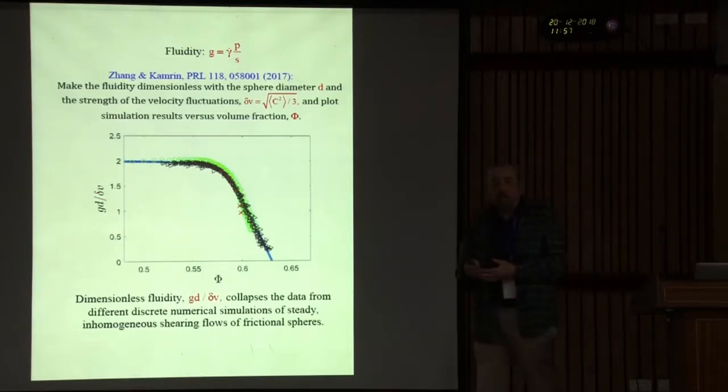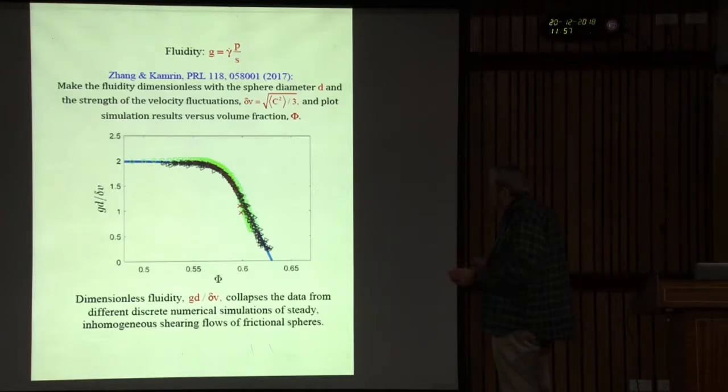And they've obtained a remarkable collapse of the data, indicating that the fluidity has much to do, or everything to do, with a measure of the velocity fluctuations in their flows. That is, when fluidity is normalized by this strength, all the data over a wide range of volume fractions collapses.